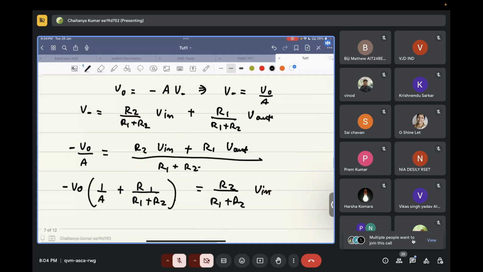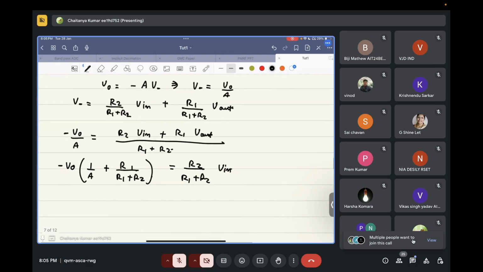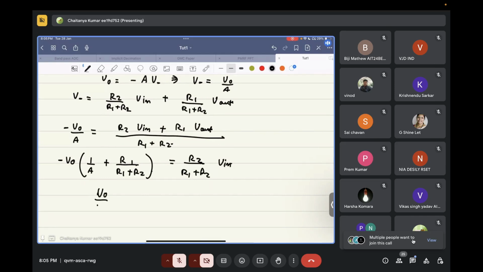So our V out by V in can be written as minus of R2 by R1 plus R2 times 1 by A plus R1 upon R1 plus R2.